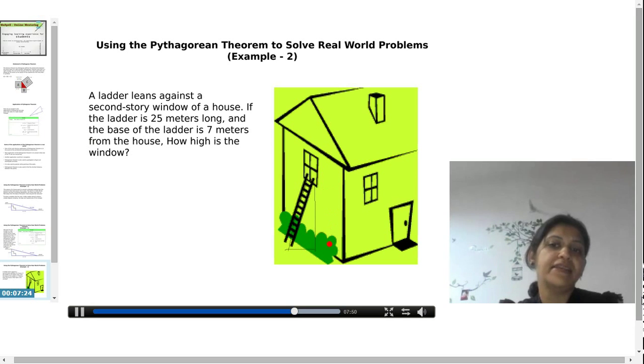So roughly we can say that it's a right angle triangle in which the ladder is the same as the hypotenuse and the base that is given is 7 meters, and we have to find the perpendicular, that is the height of the window from the ground.